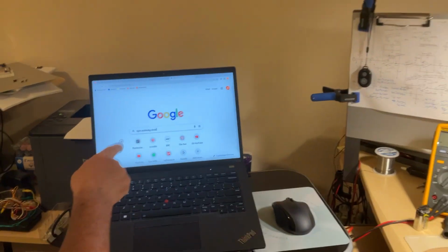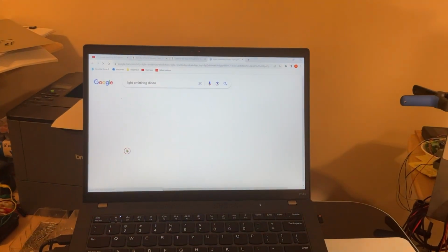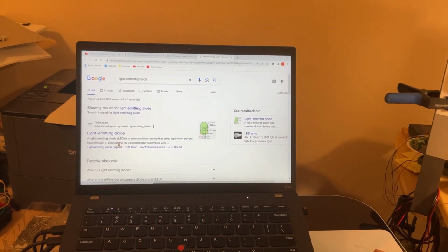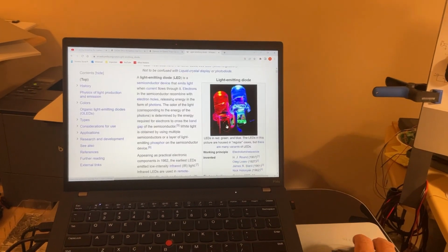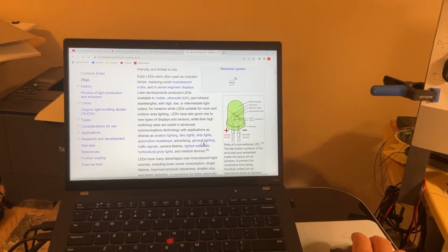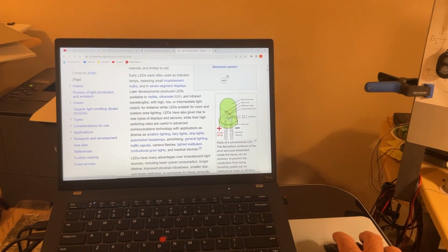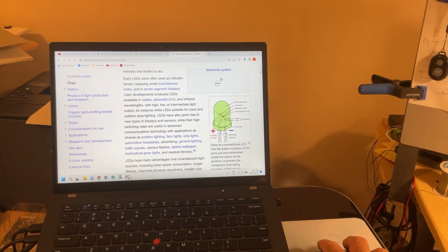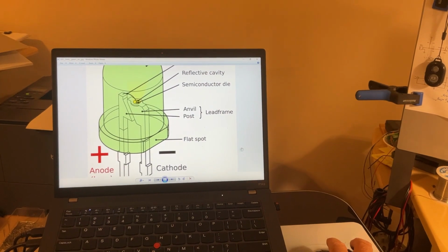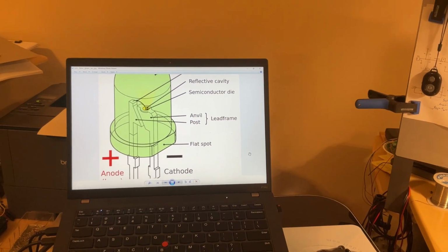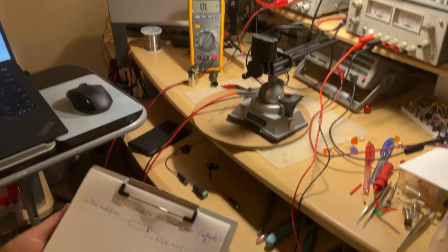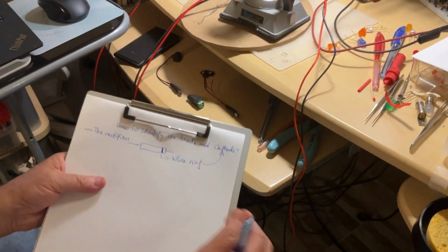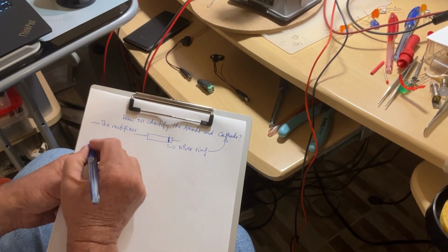If we go on the net and we just type light emitting diode, you go on Wikipedia, and one of the first pictures appearing is that one here. So I have a magnified picture representing exactly this one. So far so good? So now, I'm writing here several methods to identify the anode and the cathode.